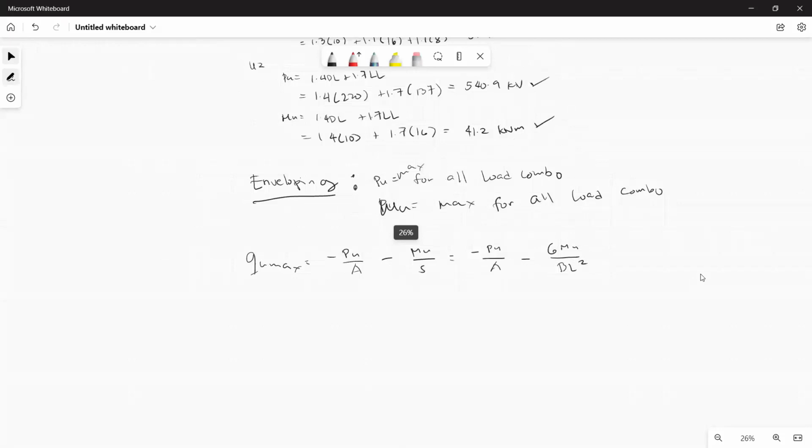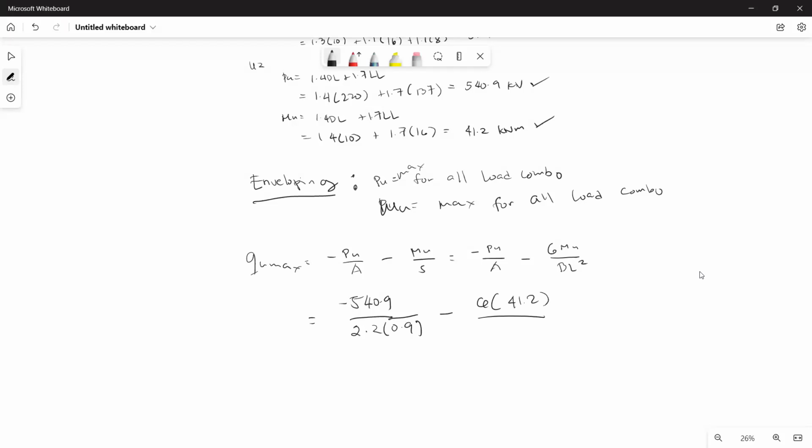Let's try the QU max. For the QU max, negative 540.9 over the area, which is 2.2 by 0.9. Then for the MU, both negative for the QU max, that is 6 times the moment 41.2.